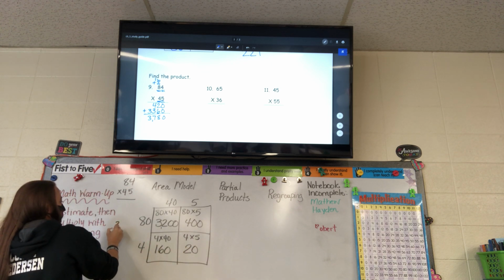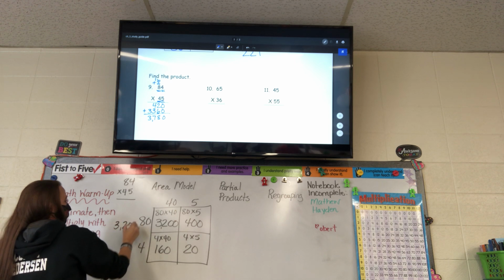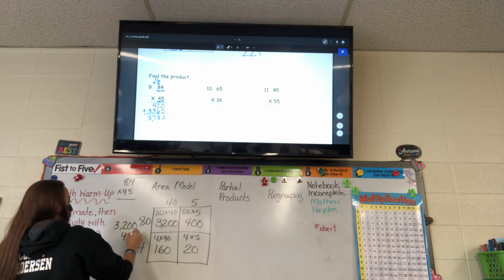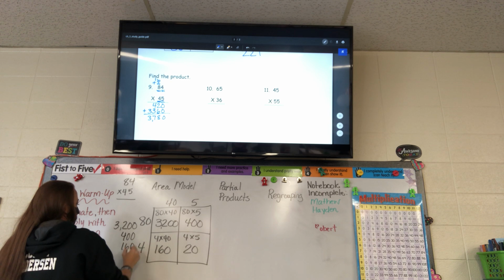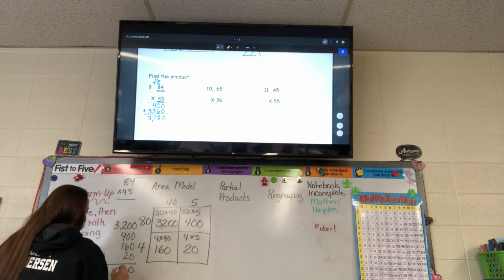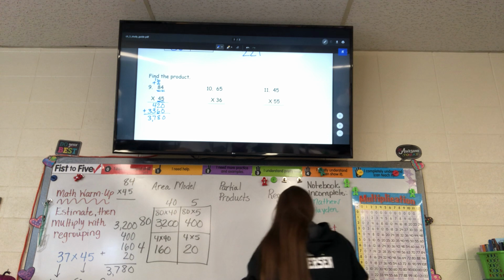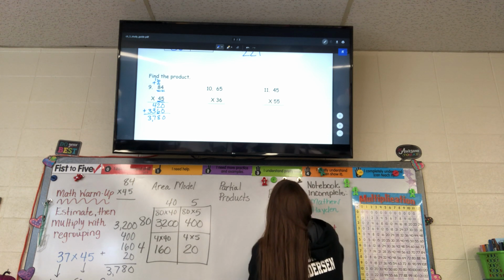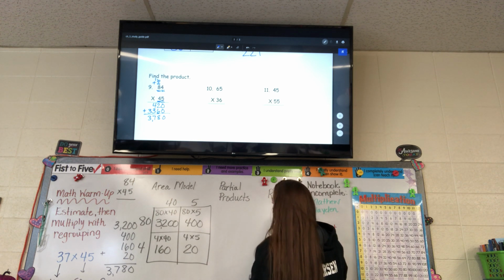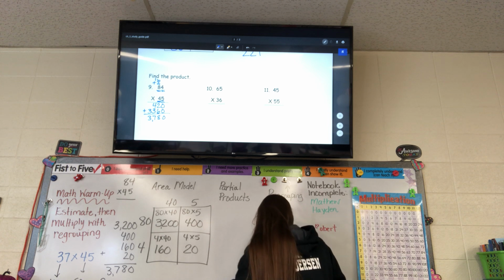And then we stack them and add them. 3,200, 400, 160, then 20. Add those together. You will get 3,780.